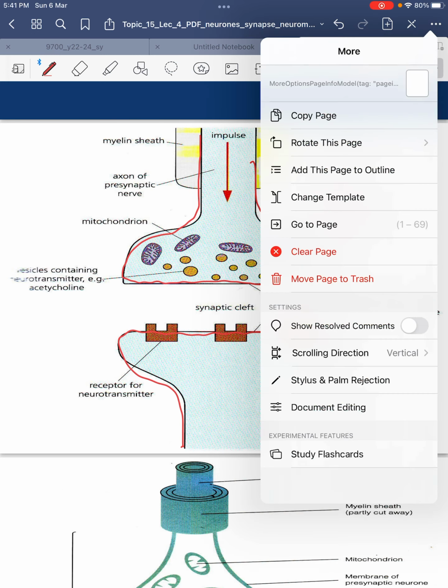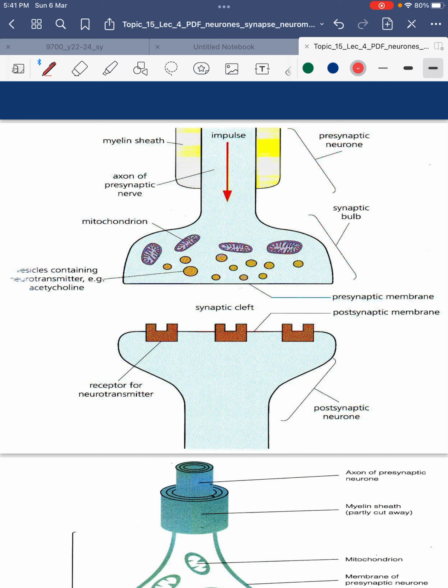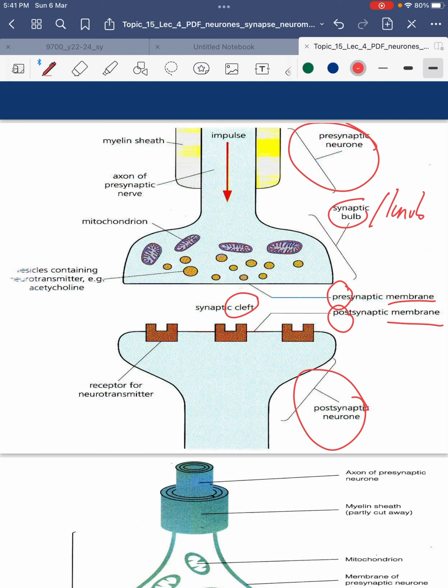So when you look at the terms, you see presynaptic neuron, postsynaptic neuron, and this is the membrane, presynaptic membrane, postsynaptic membrane. The synaptic cleft or gap. Synaptic bulb or knob, depending on which textbook you are referring to, or terminal.